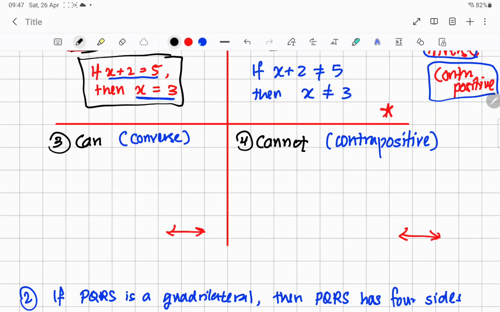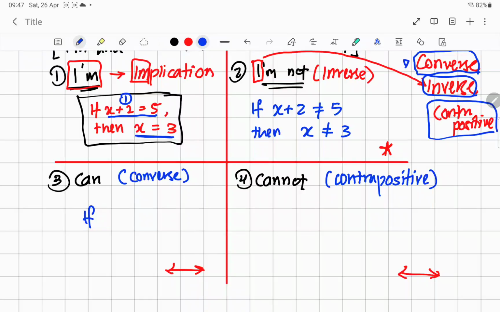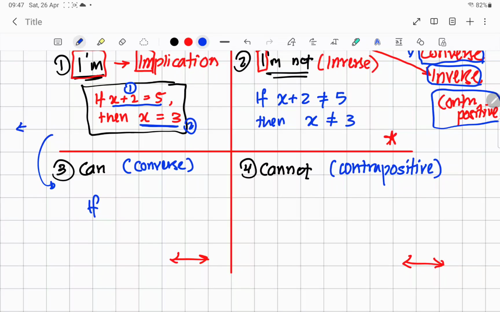In the implication, x plus 2 equals 5 comes first, it's the first statement, and this is the second statement. So for the converse, you need to change the position. So you have x equals 3, then x plus 2 equals 5. So this is the converse.